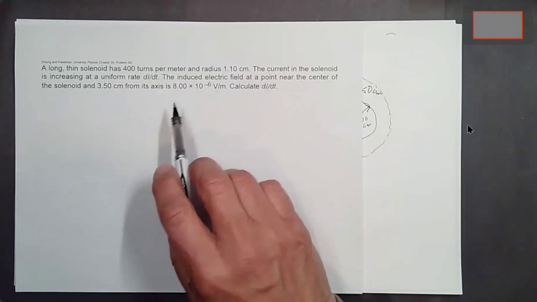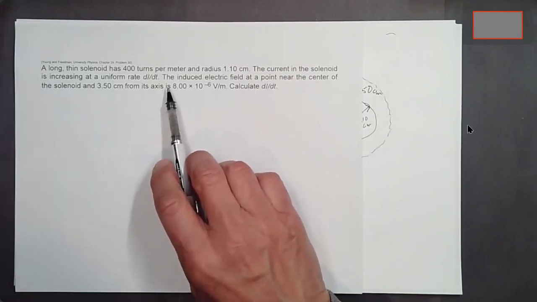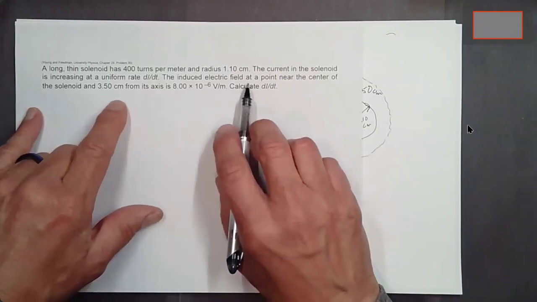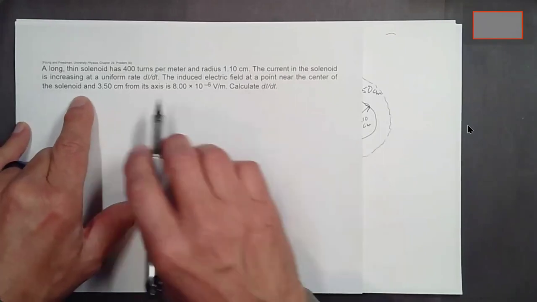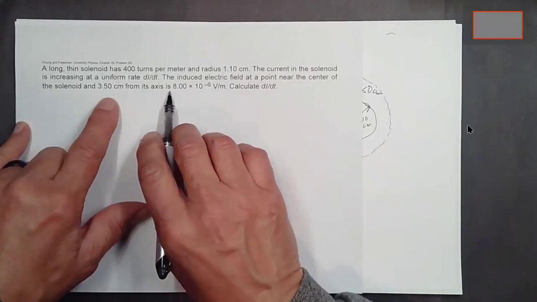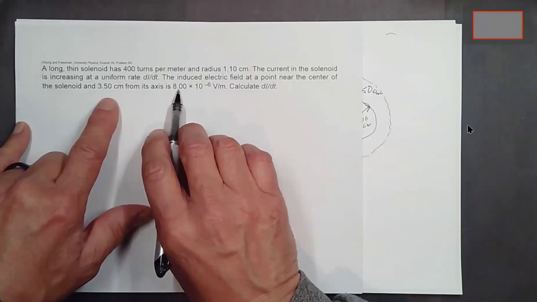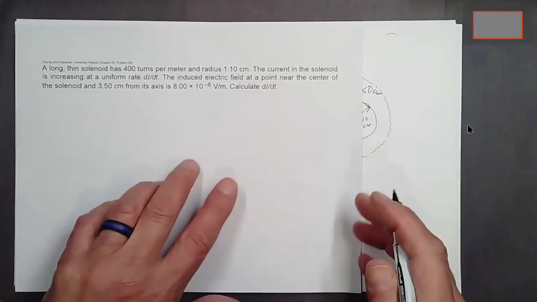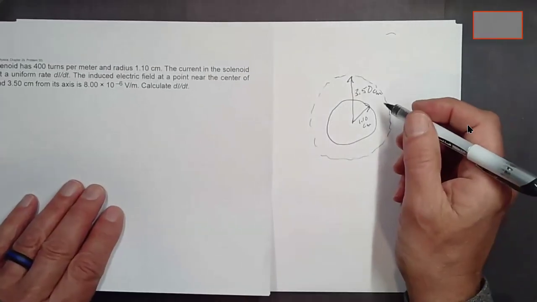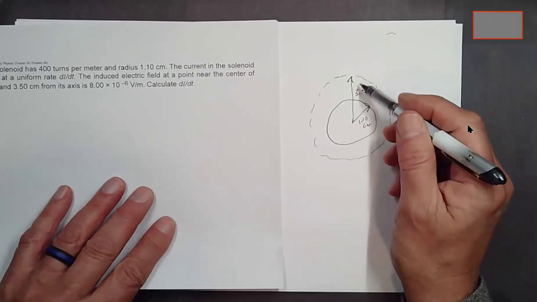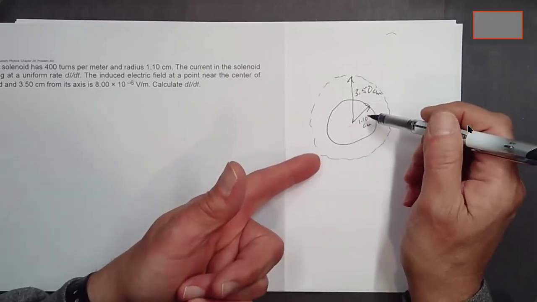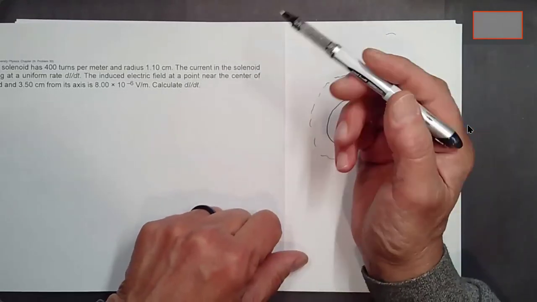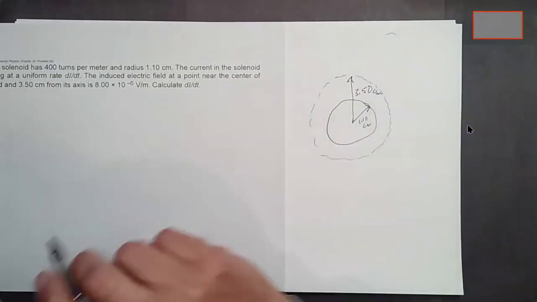The current in the solenoid is increasing at a uniform rate, di dt, and the induced electric field at a point near the center of the solenoid and 3.50 centimeters from its axis is 8.00 times 10 to the minus 6 volts per meter. Okay, so we have the same geometry here that I sketched over here. So this was correct at least. And then it looks like I finished copying another one, and this is something where I was looking in the book and typing it.